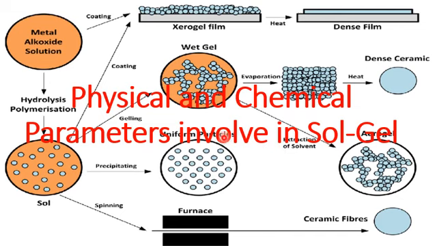So all the physical and chemical parameters are considered, and a student must be very careful when processing nanoparticles, nanowires or thin film via sol-gel process. They need to consider the physical and chemical parameters in order to get an accurate result.